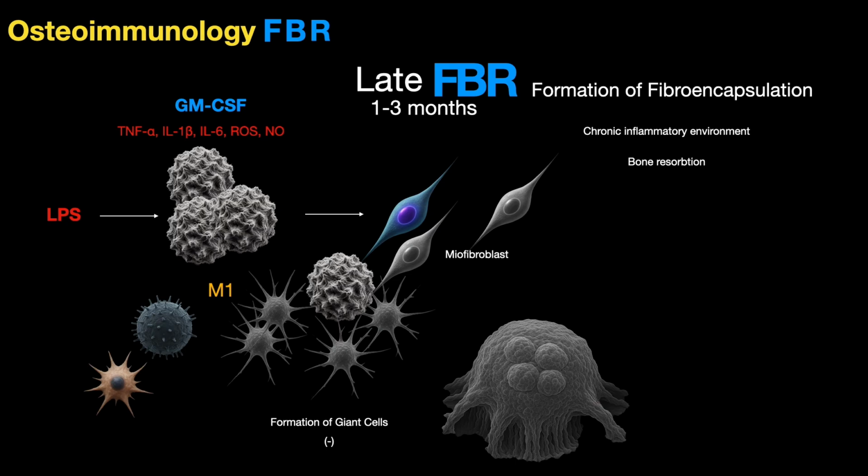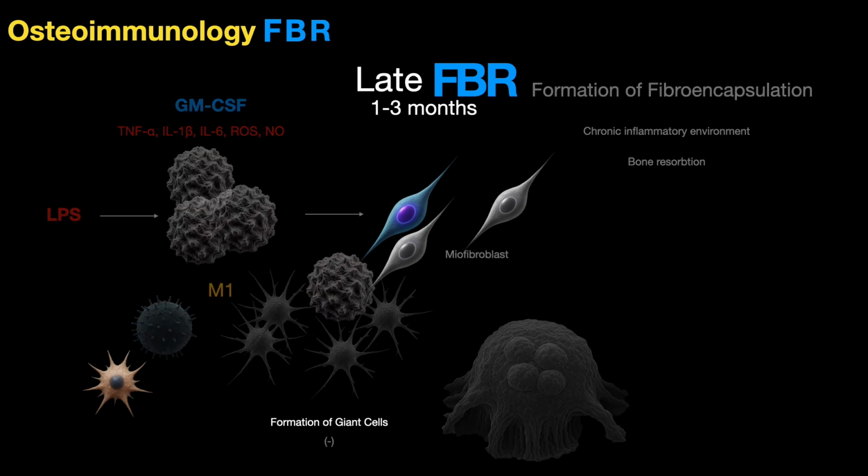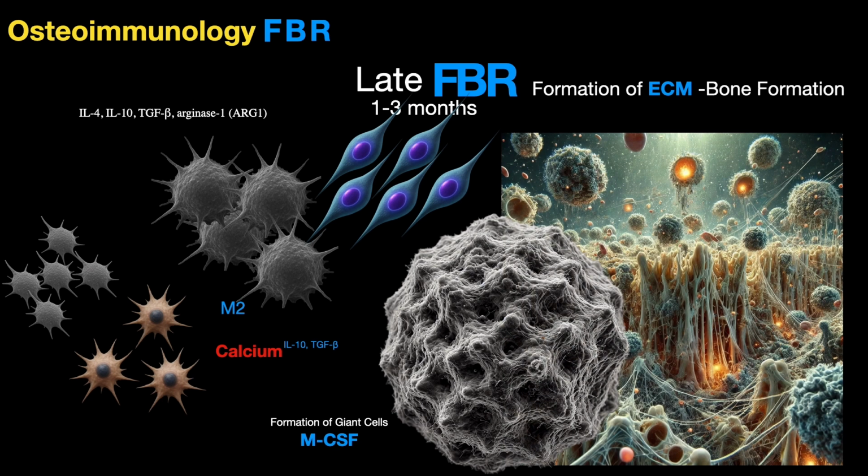Also, fibroblasts will change into myofibroblasts. So how to modify it? That's a good question. We know that high calcium and phosphate availability in the stabilized matrix promotes M2 macrophages.